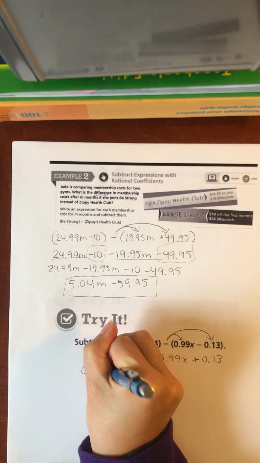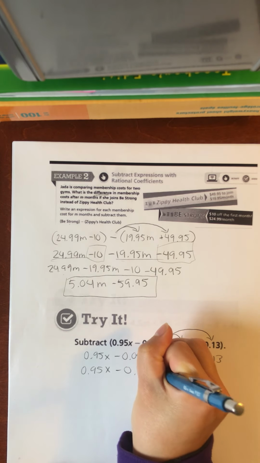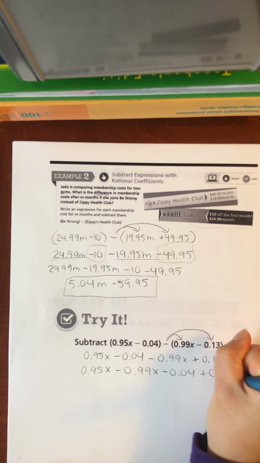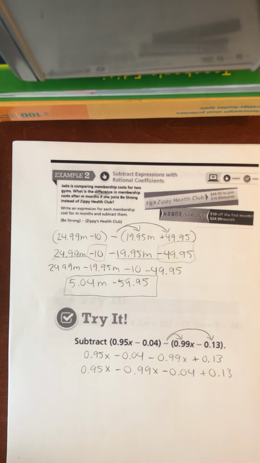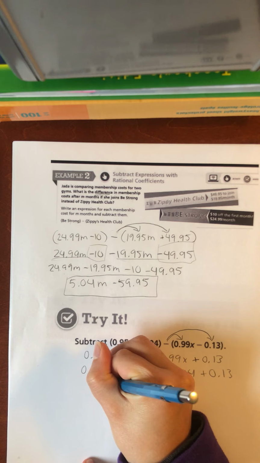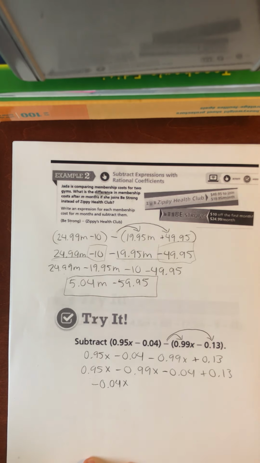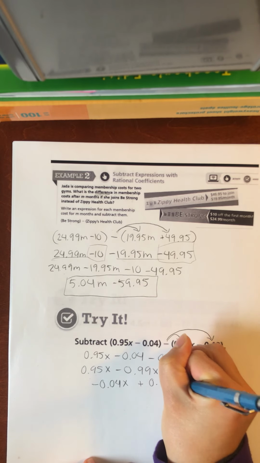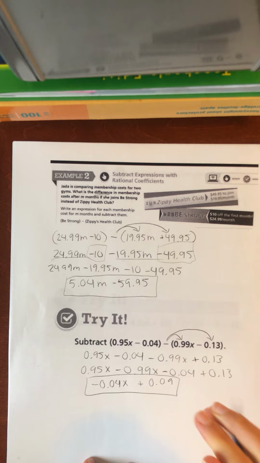So 0.95x minus 0.99x minus 0.04 plus 0.13. 0.95x minus 0.99x is negative 0.04x, and then negative 0.04 plus 0.13 is plus 0.09. So that's your final answer.